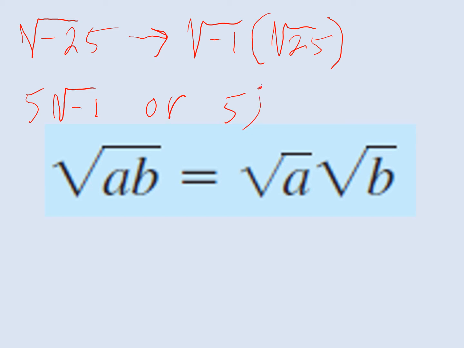You can write it as 5j or 5i in this class, but we're going to use them interchangeably. J and I are the same thing. It's just a different way to express it in electronics. We typically use J because I, like I said earlier, is substituted for current.